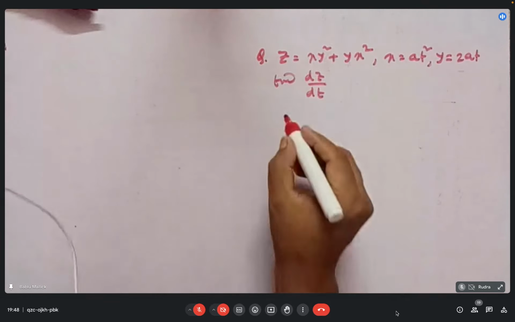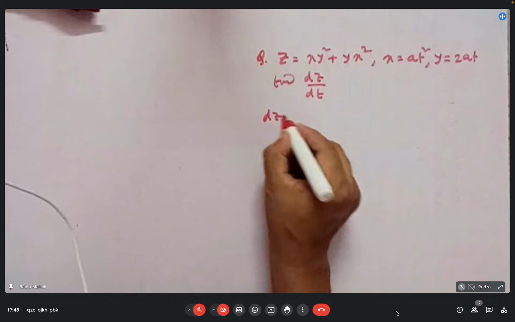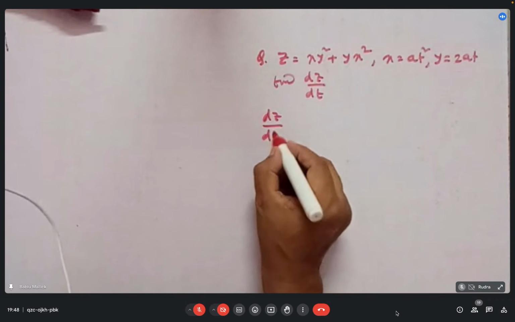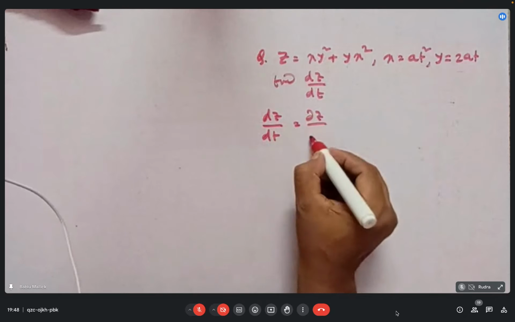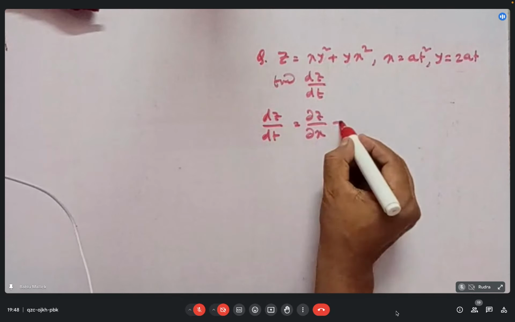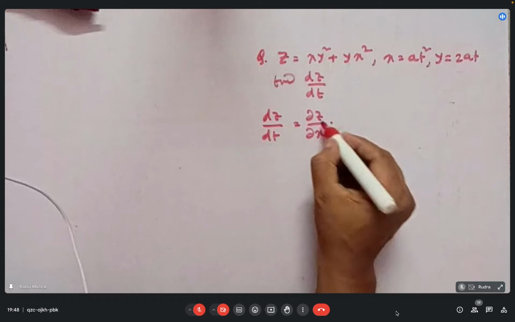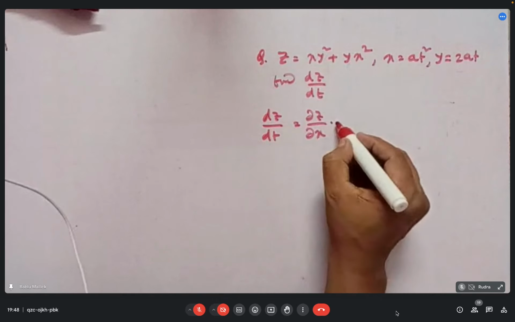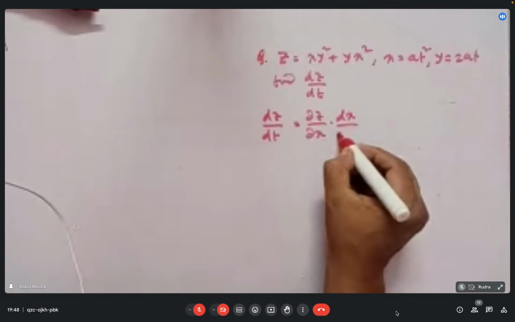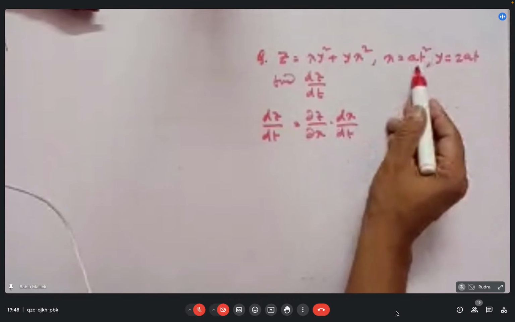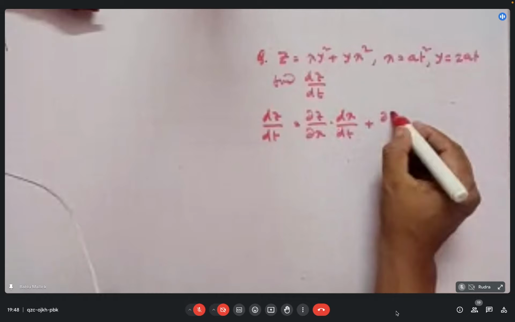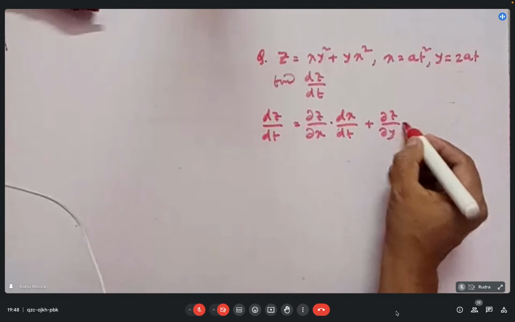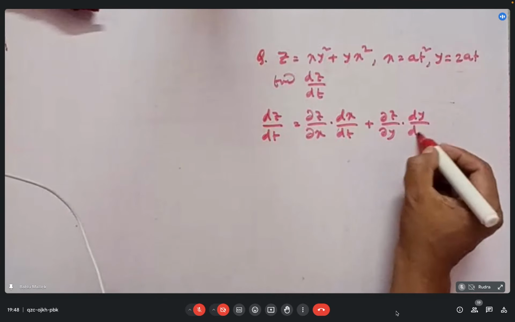So what are you getting? dz dt is equal to del z del x. You have to write del because z is a function of x and y, and we shall write dx dt because x is a function of only one variable t. Similarly, del z del y into dy dt.